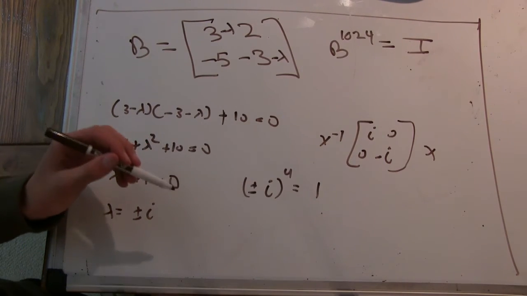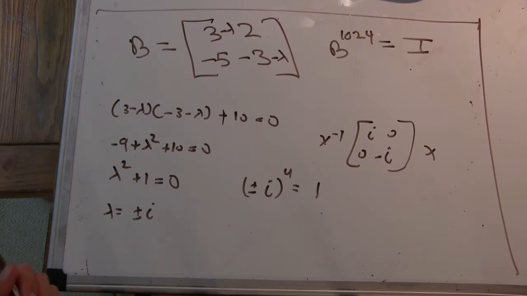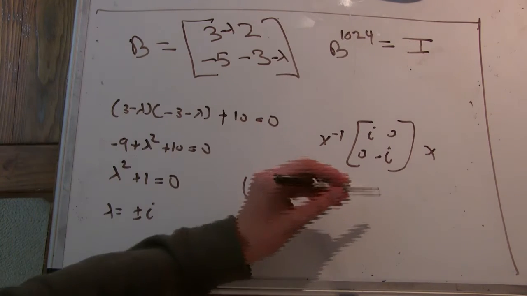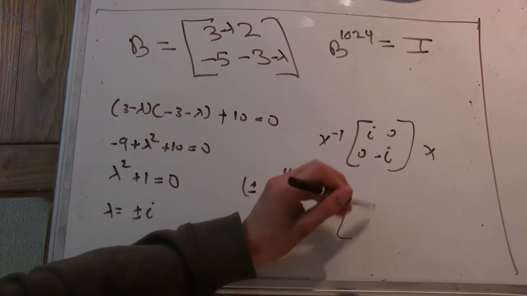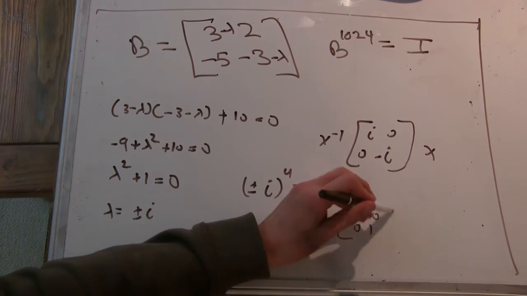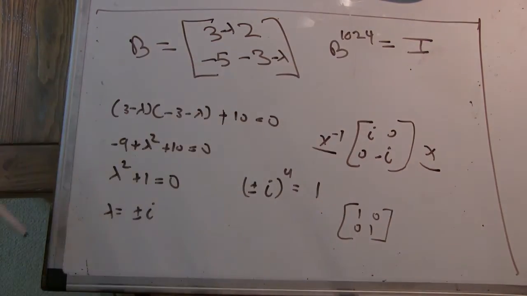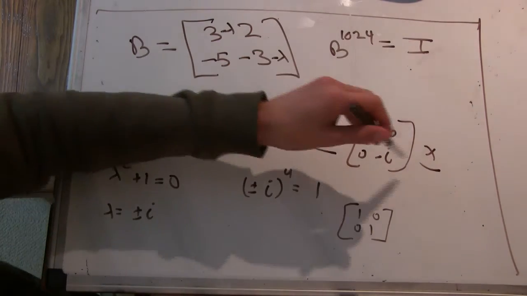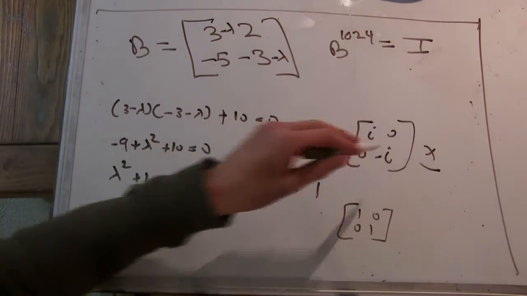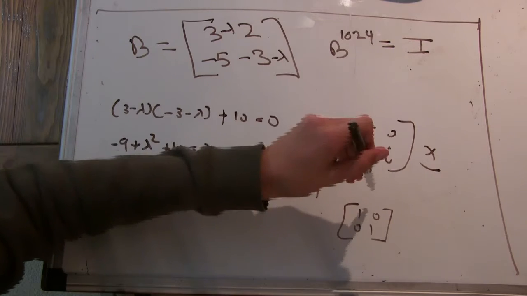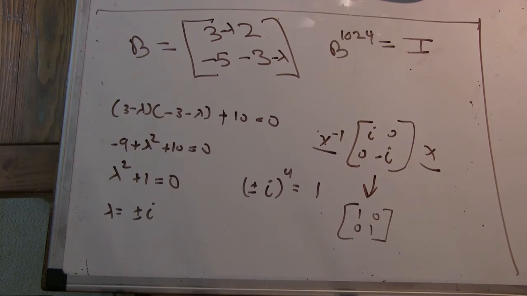So i to the 1024, since that's a multiple of 4, is going to equal 1. So in the middle we get the identity matrix when we raise it to the 1024, and then since these multiply to be the identity matrix, when you multiply the first one and the second one in, you're still left with the identity matrix. Okay, cool. So it's a real surprise.